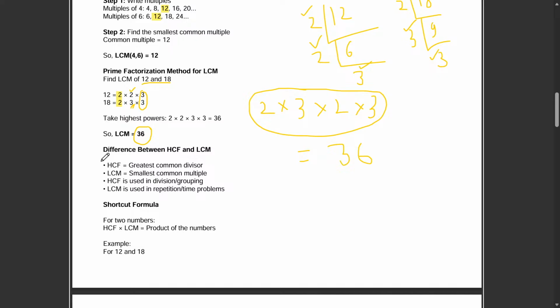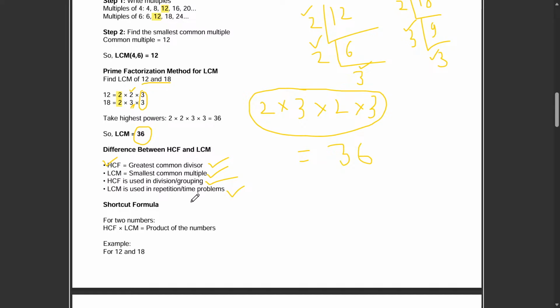We can say HCF as GCD. And LCM is the smallest common multiple. HCF is used in division or grouping, and LCM is used in repetition or time problems.